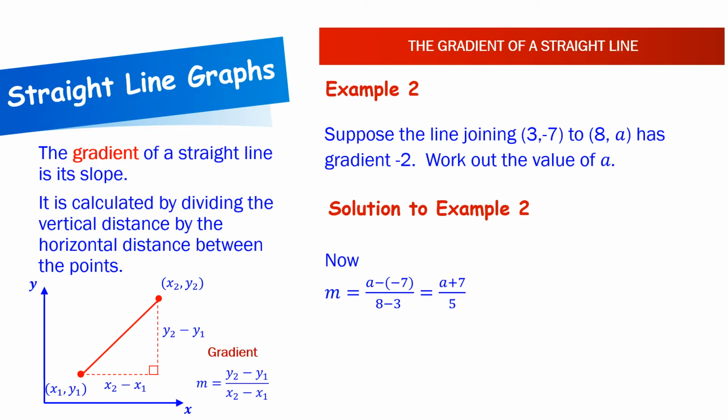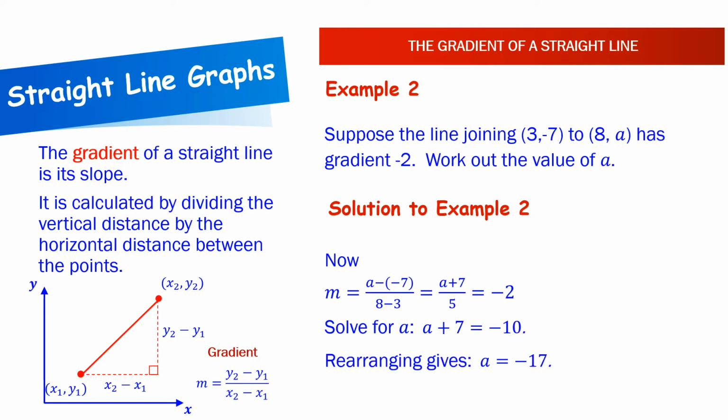Tidying up gives us a plus 7 over 5. We know that this is equal to minus 2. Now solve for a. Multiplying out, a plus 7 over 5 equals minus 2 gives a plus 7 equals minus 10. And finally, rearranging gives a equals minus 17.